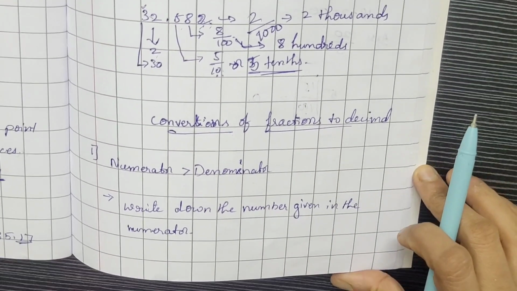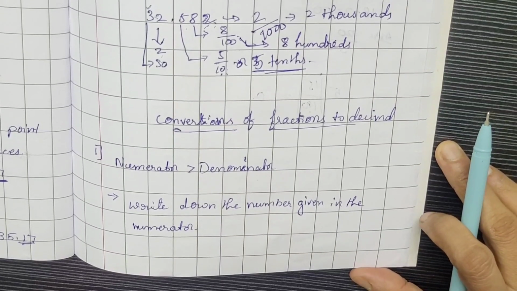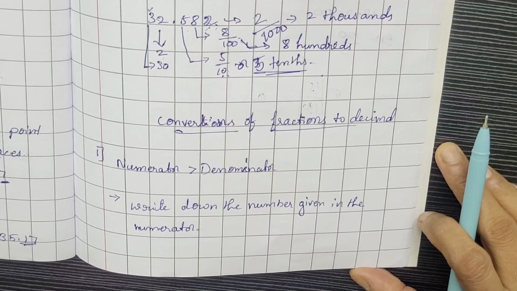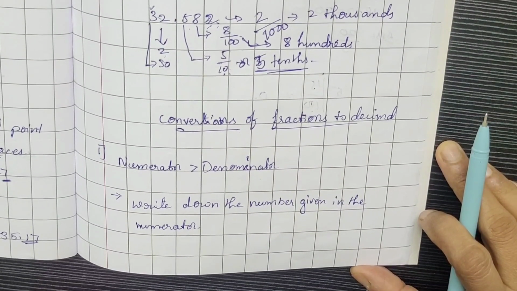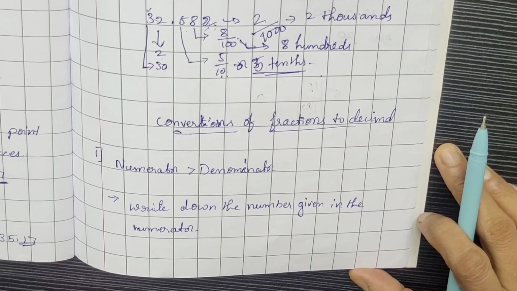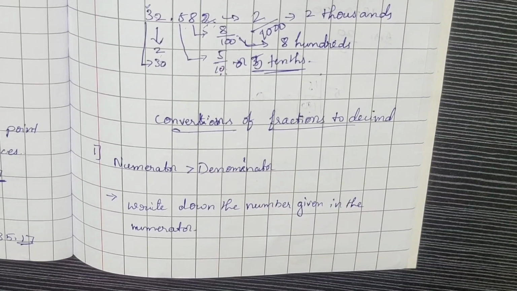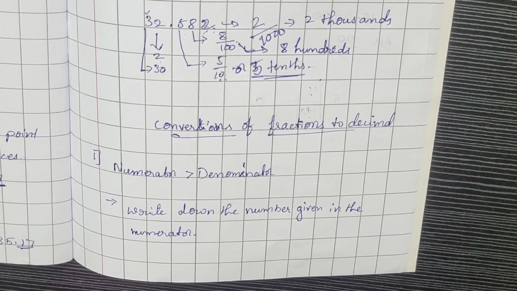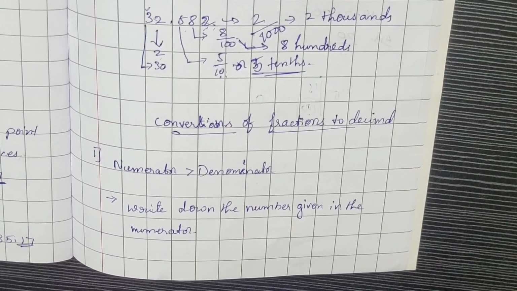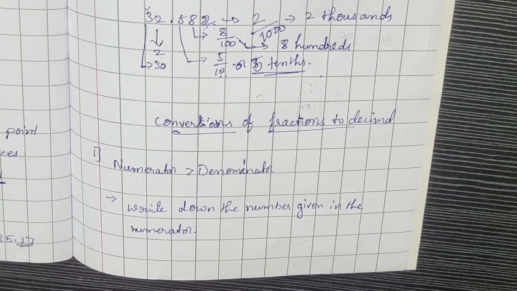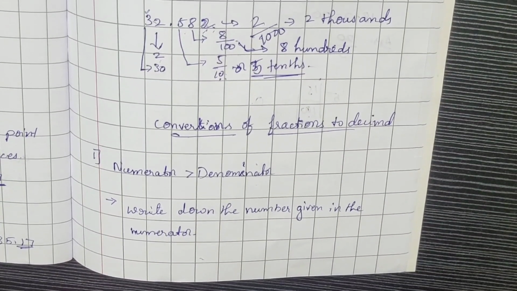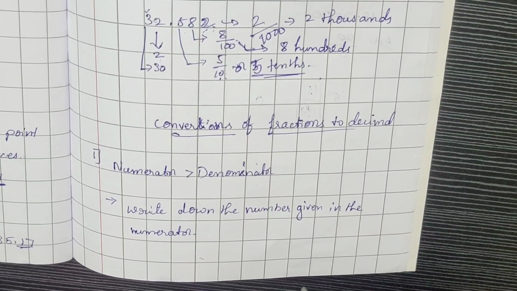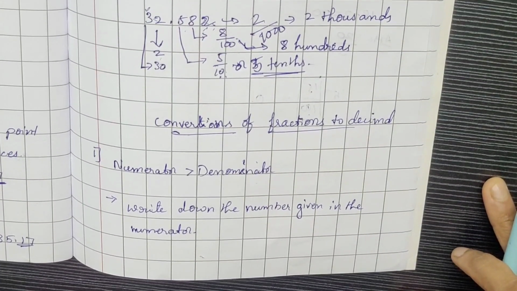First step. If the numerator is greater than the denominator, how to convert a fraction to a decimal? Okay, the first point is to write down the number given in the numerator.